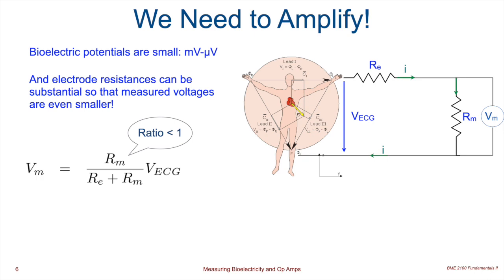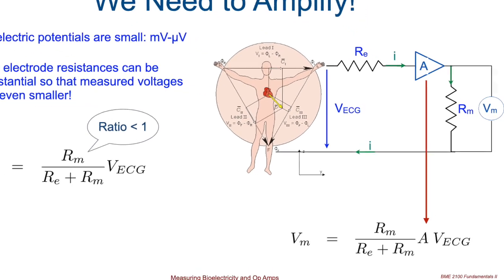So what I want to do now is introduce an amplifier, that little triangle with an A in it, that says I'm going to amplify this signal. How does that change my equation? If we go through the Kirchhoff's tour again, with the understanding that A just multiplies the input and the output is larger by that factor A, and that A is a number larger than 1, then we can write a circuit down that looks like this.